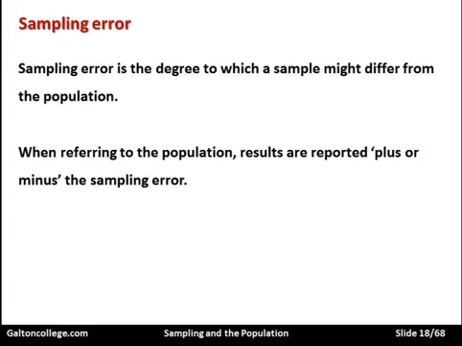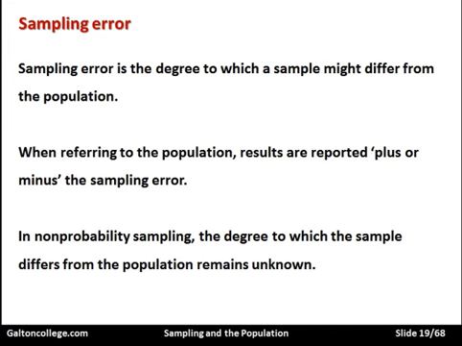So we just simply say we've calculated the sample, we found that the average is a certain amount, so the population will be that figure plus or minus some figure. And we are confident to a 95% margin that that is the case, or a 99% margin, or whatever. And that's the idea of using confidence intervals.